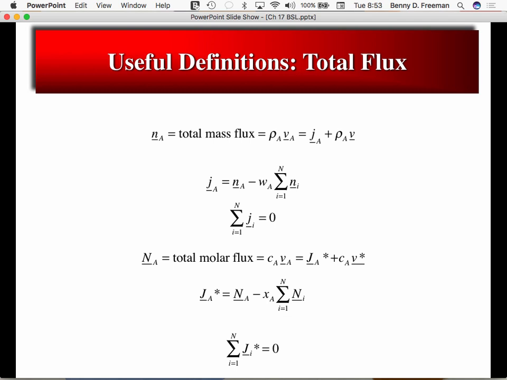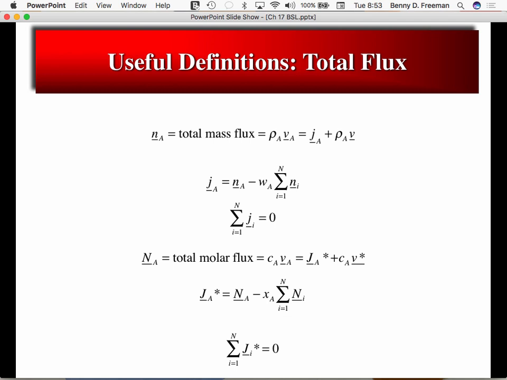You can use this expression then to write the diffusive flux in terms of the total mass flux of A and then the convective part, and you can see that if you write this out for A and B, those fluxes have to sum to 0.